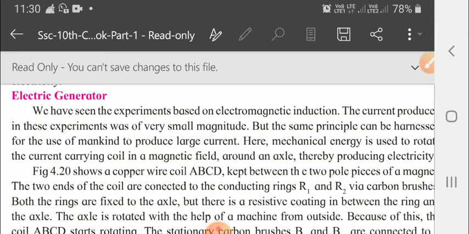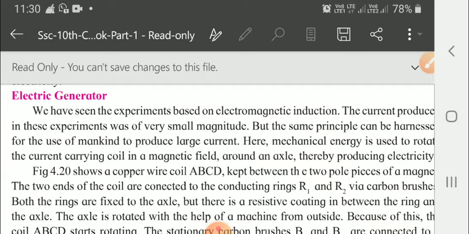Here the current produced in these experiments was of very small magnitude, very low capability. But the principle can be utilized for the use of mankind to produce large current also.